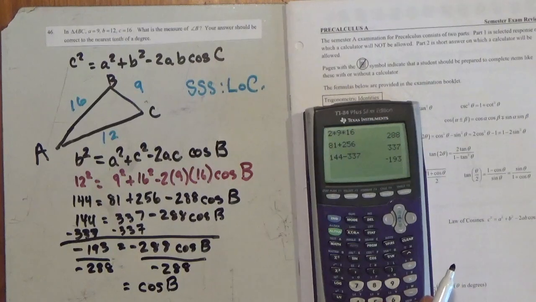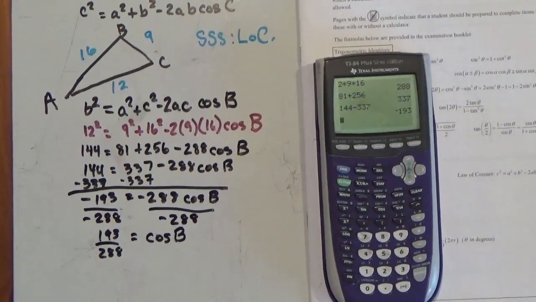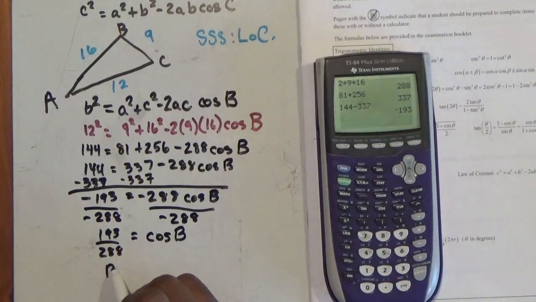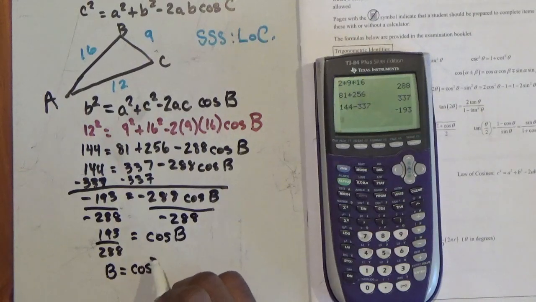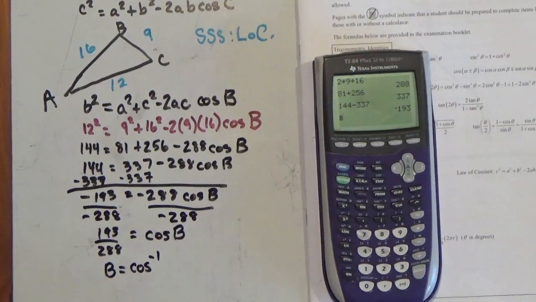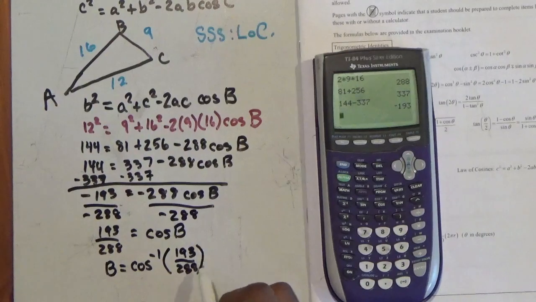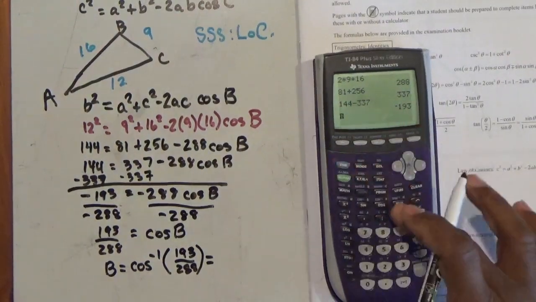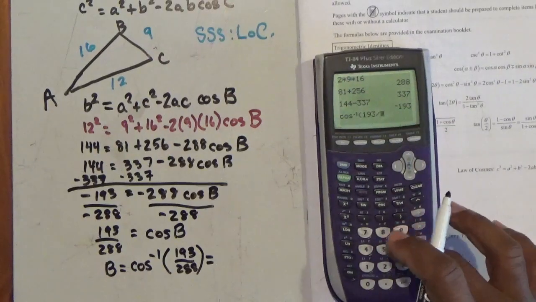I'm going to just leave this as 193 over 288 right now, and then from there, I'm going to find out what angle B is. So B is equal to the inverse, because remember we're looking for an angle, so we use that inverse key. Cosine inverse of 193 over 288.